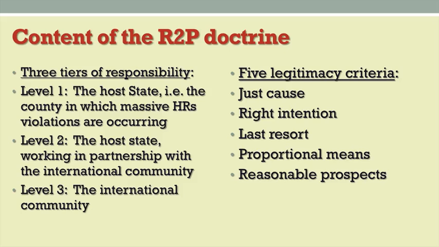These legitimacy principles are designed to serve as restrictions on when intervention would occur that might be alternatives to the kinds of limitations that we studied in the previous lecture involving the voting rules and institutional mechanisms of the UN Security Council. Now, one thing I will say that the R2P doctrine, as described so far, does not address is who makes the determination about the tiers of responsibility and about the 5 legitimacy criteria.